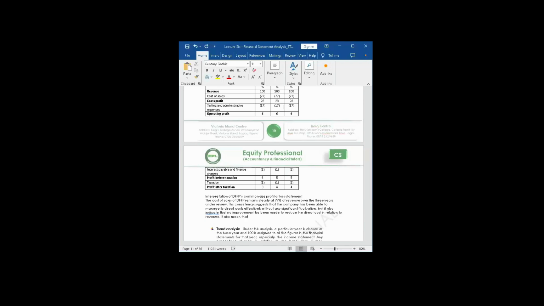It also means that for every 100 naira of revenue made, 77 naira is expended on direct costs, which leaves little revenue to cover other administrative expenses.